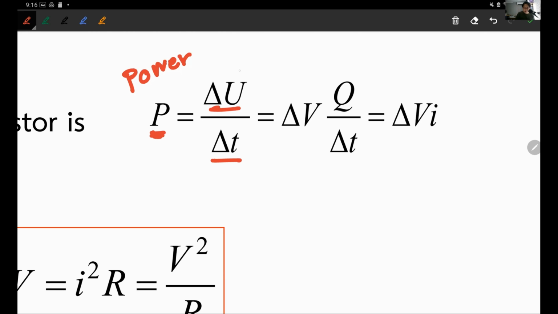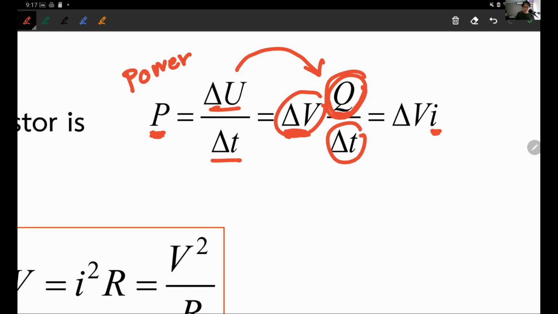Everyone remember, the potential energy U is just the charge multiplied by the potential difference. That's by definition. So I can write the potential energy as the product of the charge and the potential difference. However, the charge per unit time is just the current by concept.